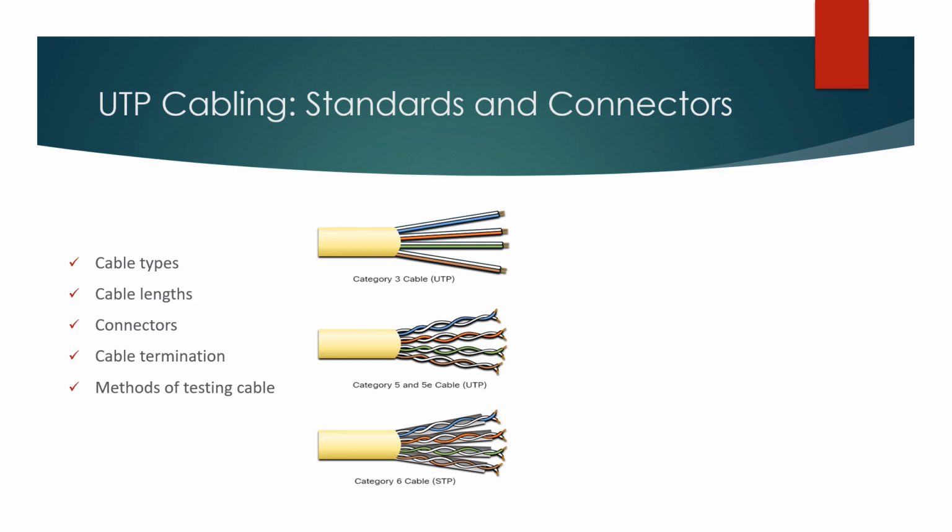gigabits per second. And the UTP cable is usually terminated with RJ45 connectors, and the standard describes the wire color codes to pin assignment, so the pinouts of the Ethernet cable.